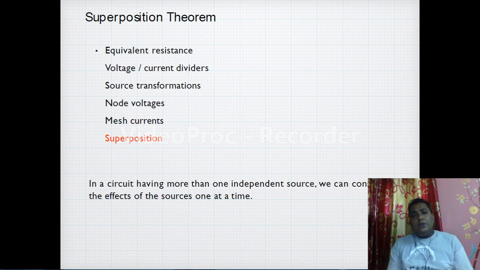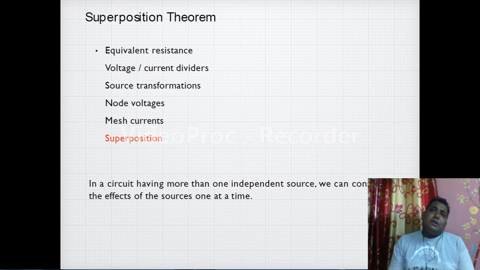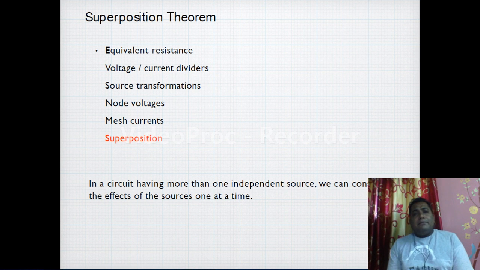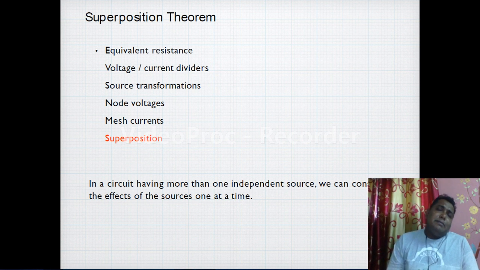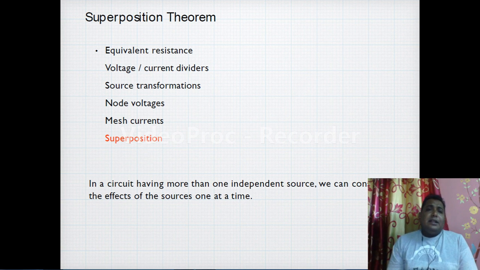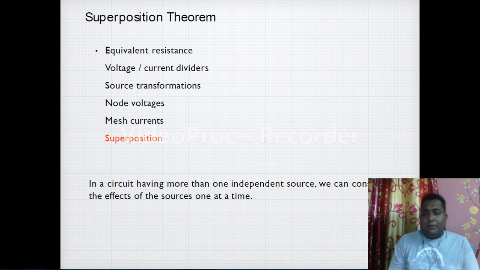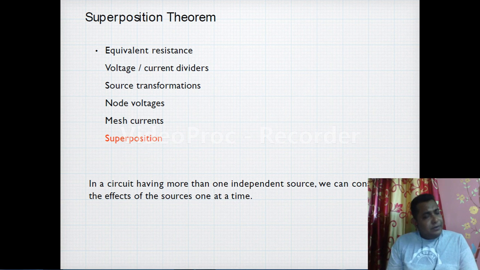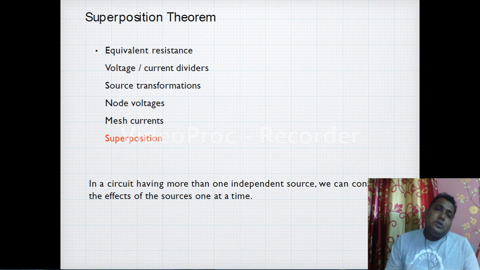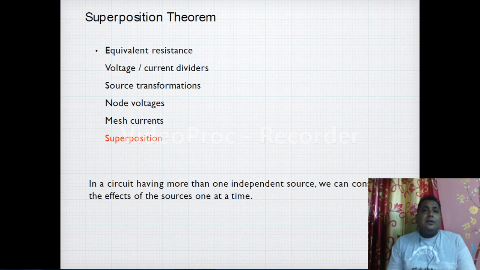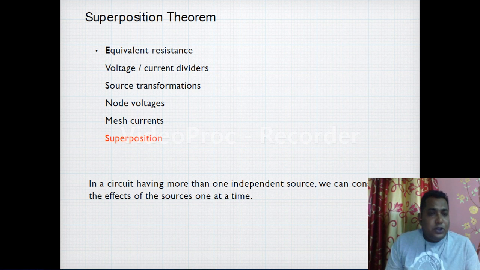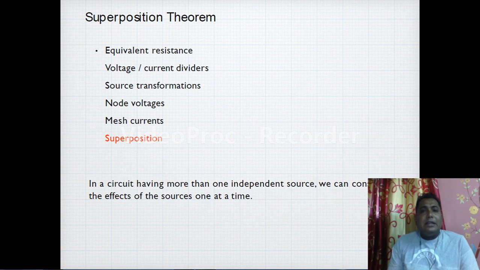And we know the steps by which we can find the current and voltage of any branch. From the limitations of the superposition theorem, we know it cannot be used for the measurement of power, because the superposition theorem is based on linear circuits, and power is not a linear quantity.